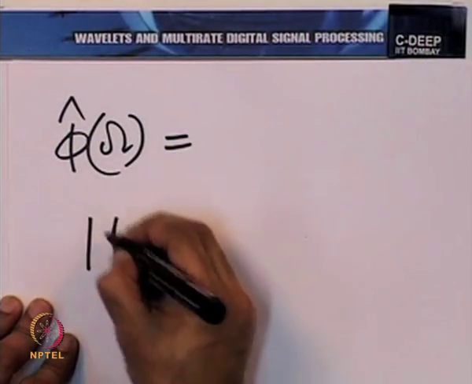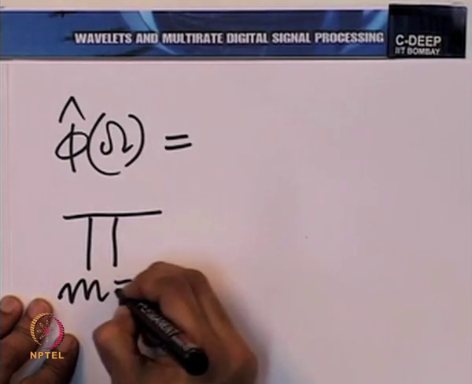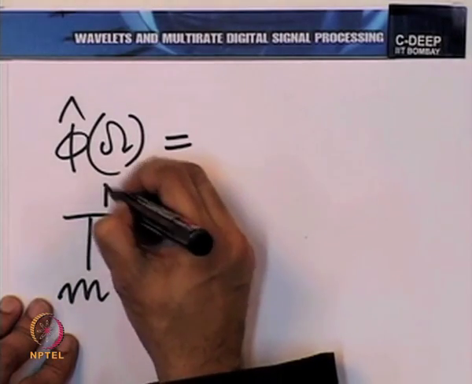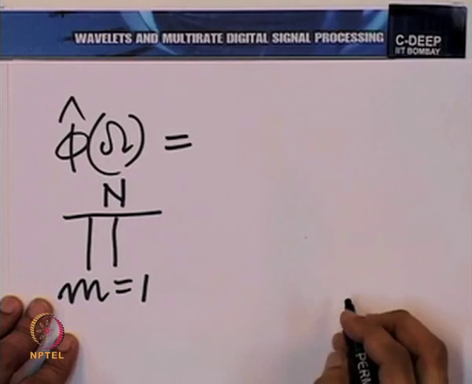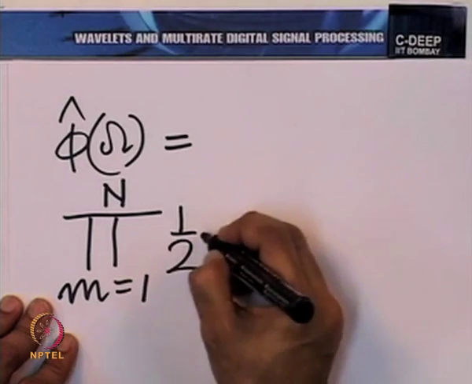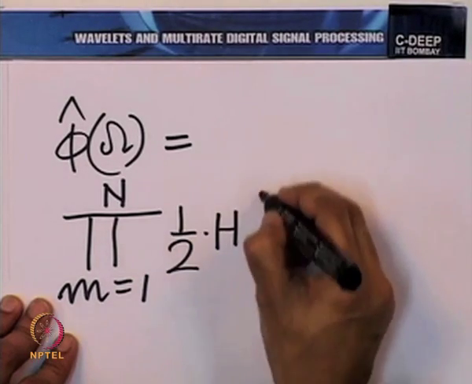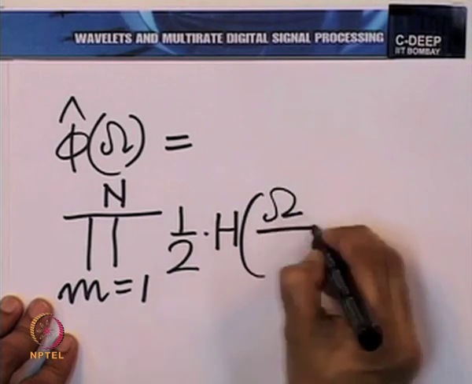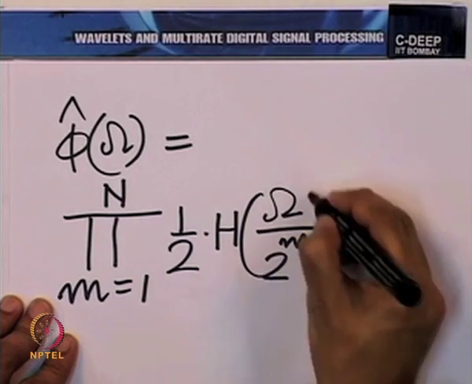It is a product m going from 1 to N, capital N if you like, of half H of omega by 2 raised to the power of m.